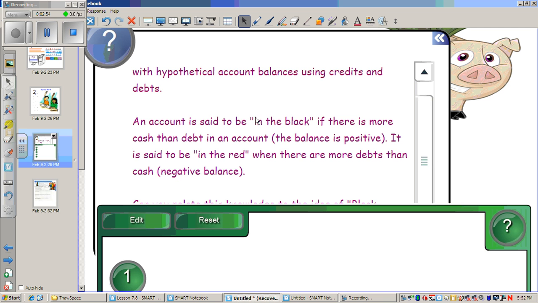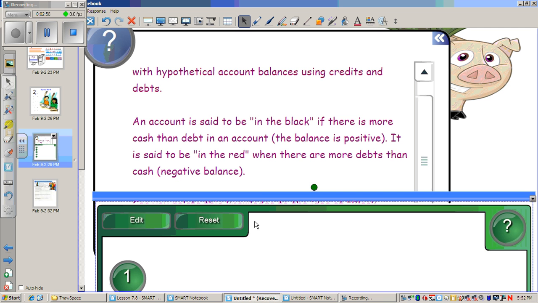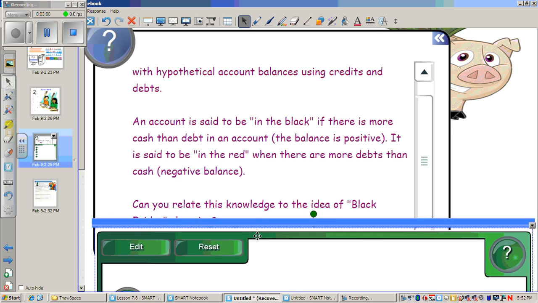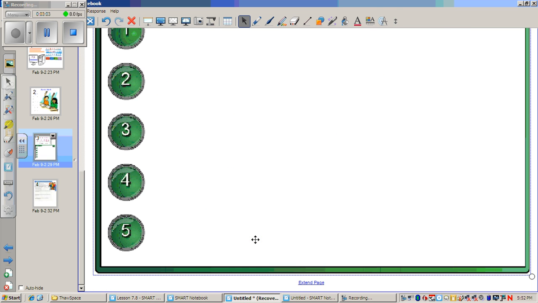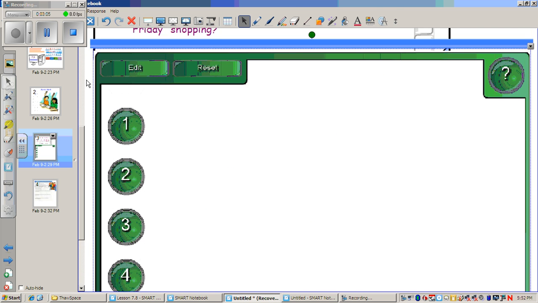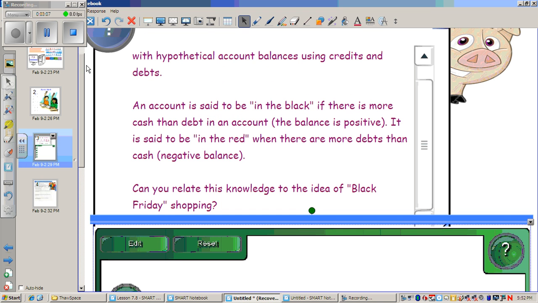So let's finish reading this here. It says, can you relate this knowledge to the idea of Black Friday shopping? You want to be in the black, so if you're going to be shopping, you definitely want a positive balance.